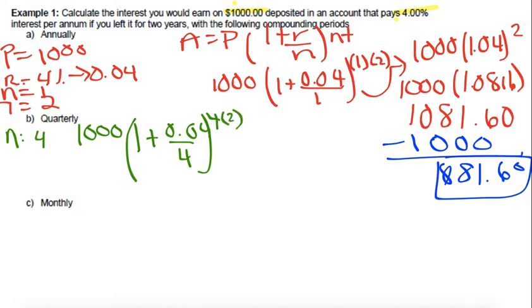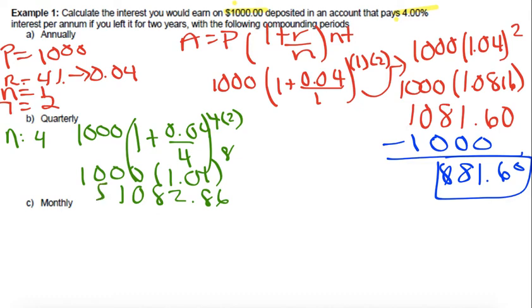That gives me 1,000 times 1.01 to the power of 8. I calculate 1.01, y to the x button, 8, equals, times 1,000, and I'm given 1082.86. That's how much it's worth at the end of a quarterly term.